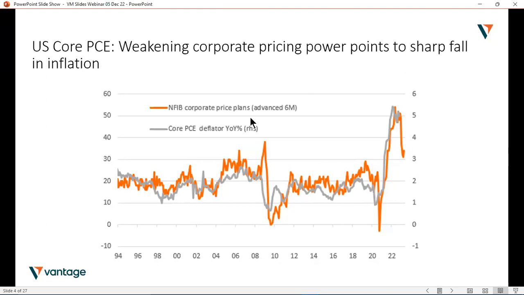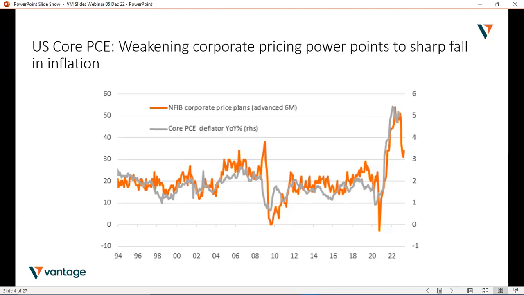Firstly, this one, again, not wanting to get too complicated, shows the proportion of companies looking to raise their prices over the next 3 months. That's basically corporate pricing power. And you can see the orange line has dropped sharply very recently, probably reflecting some evidence of softening demand.